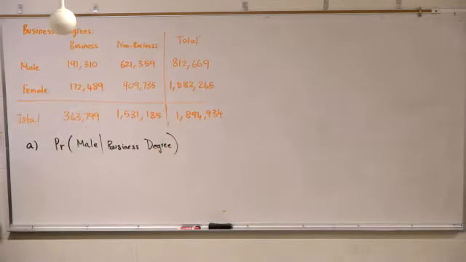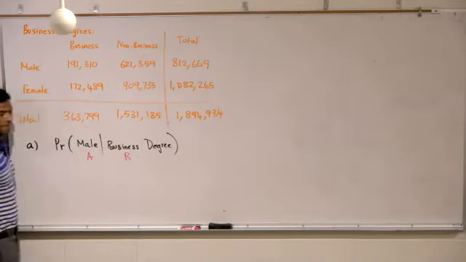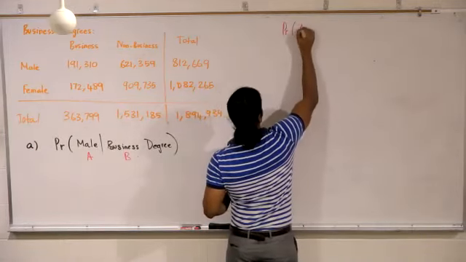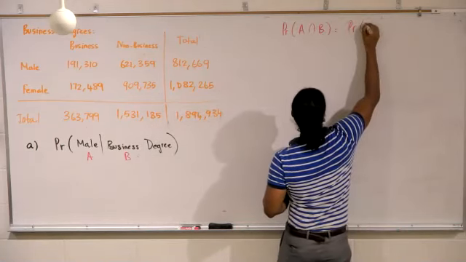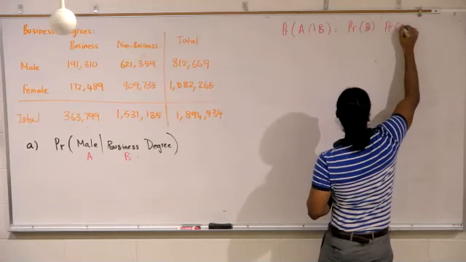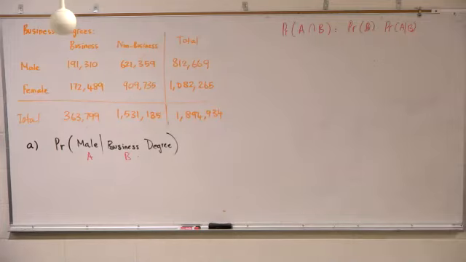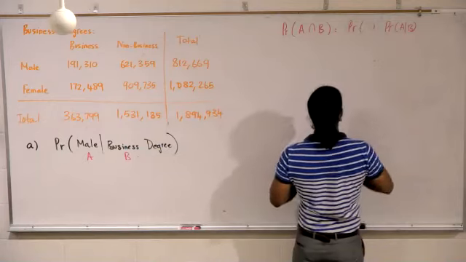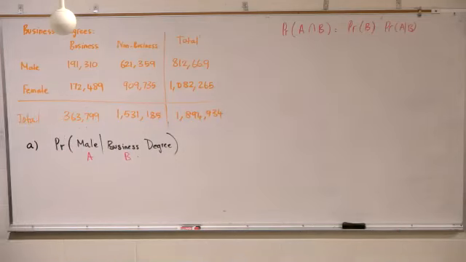So if I define this to be event A and that as event B, you go back to our formula. Good. That is our formula.